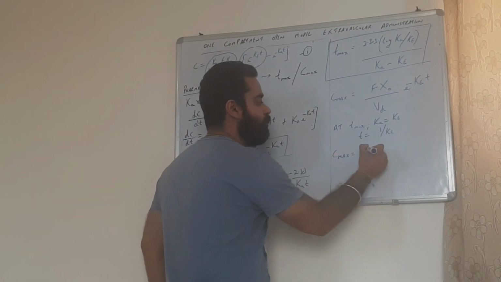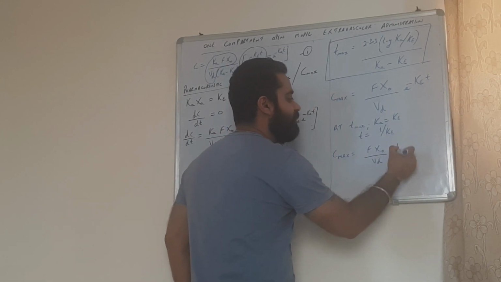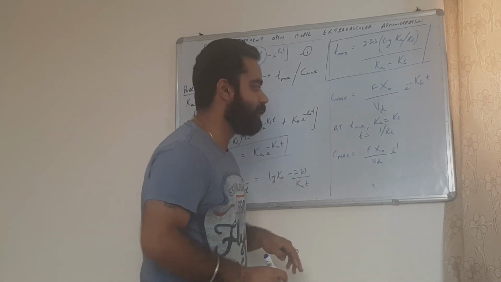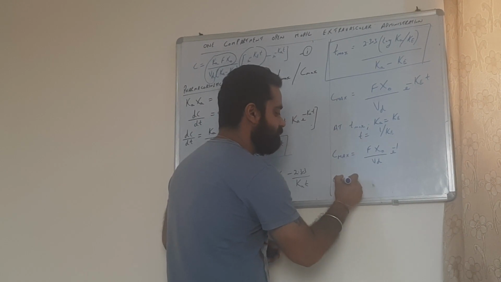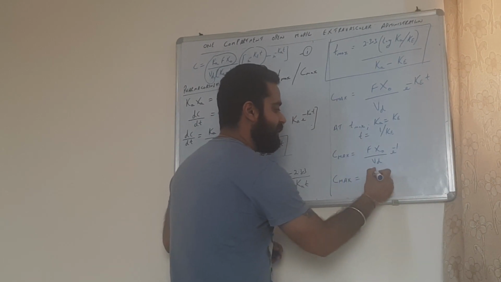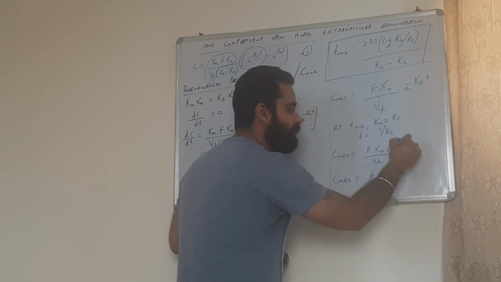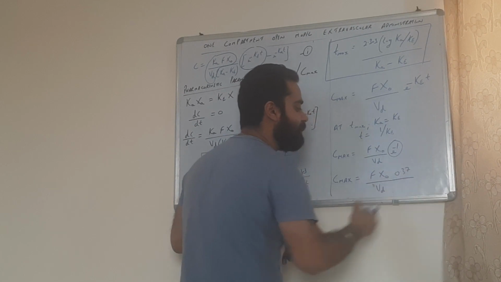Cmax is equal to F X naught upon Vd e to the power minus 1, because both Ke and this 1 upon Ke get cancelled out. The value of e to the power minus 1 is 0.37.